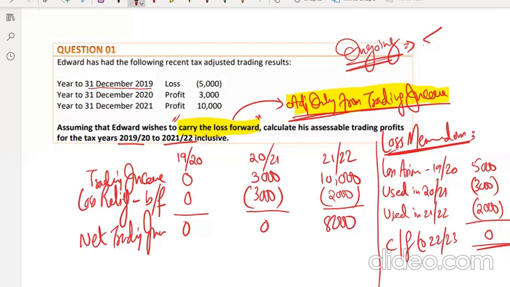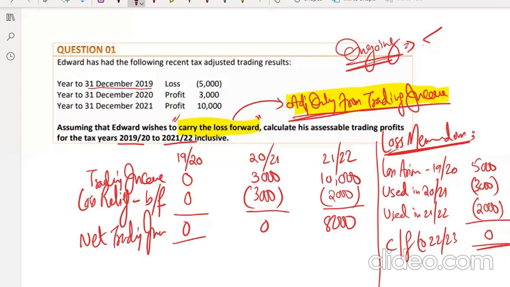You can see the loss adjusts my future profits. In 2020-21, if I am not adjusting the loss, I have to pay tax on 3,000. In 2021-22, if I am not adjusting the loss of 2,000, I have to pay tax on the total amount of 10,000. Now, because of a relief of 2,000, I will only pay tax on 8,000.